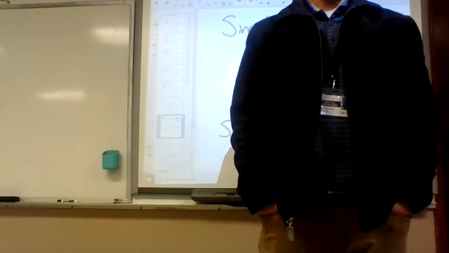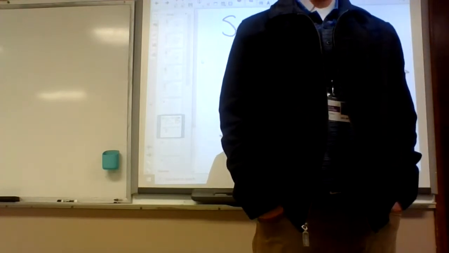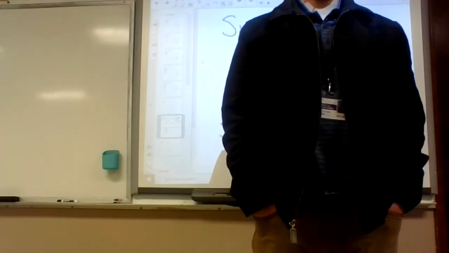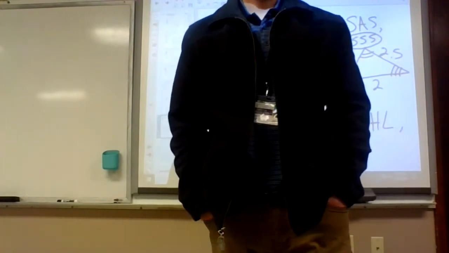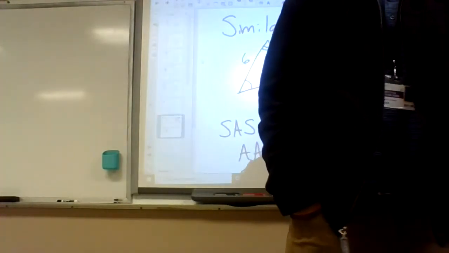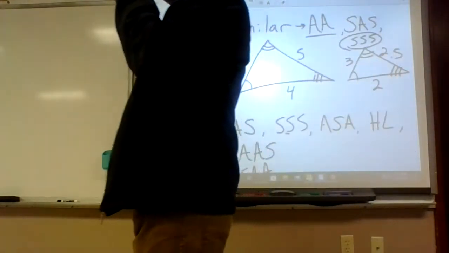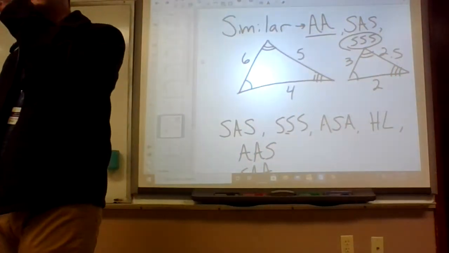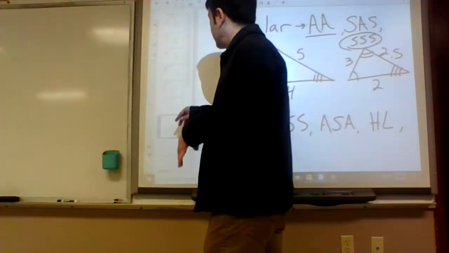On number 1, they give you three sides on both triangles. How can we tell if those triangles are similar? It's a yes or no question, but how can we tell? Two triangles are similar if all three pairs of sides are in proportion. All the ratios are equal.